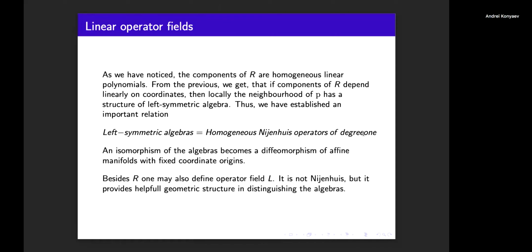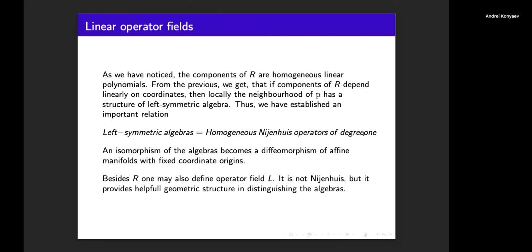They come from the left symmetric algebras. In particular, if we have an associative algebra, it is left symmetric. Then if you take any associative algebra and you take this right multiplication, you get an operator field, and this operator field must be Nijenhuis. It is a very nice observation.